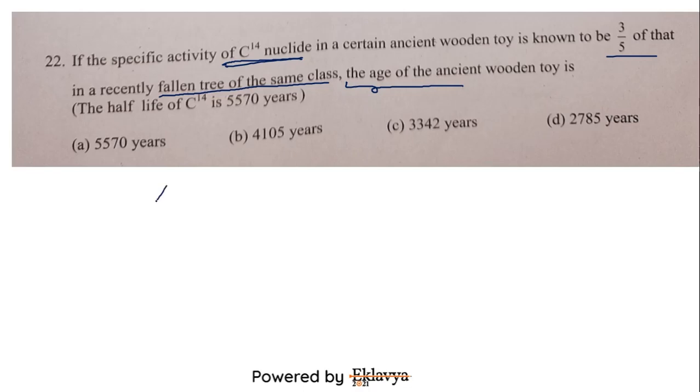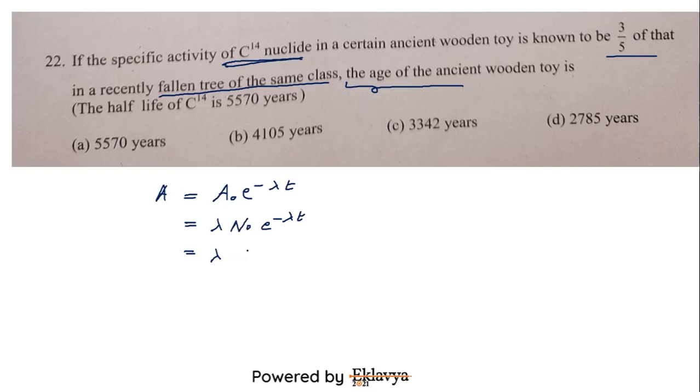So activity of a sample is written as initial activity into e raised to power minus lambda t, and we can also write this initial activity as lambda into N naught e raised to power minus lambda t. Now N naught represents the total number of atoms that we had initially.